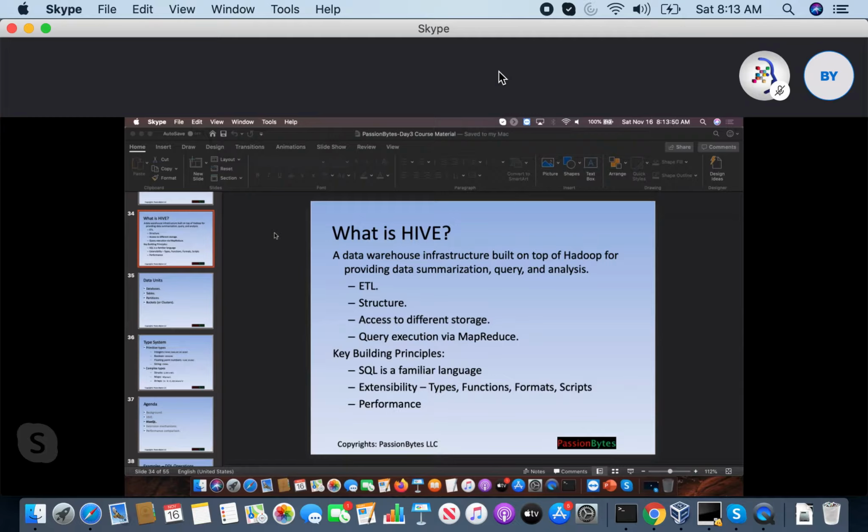Hive is a NoSQL database. What does that mean? Remember the CAP theorem. This is the fundamental theorem by which NoSQL databases are governed. Repeating: consistency, availability, and partition tolerance. Out of these three things, only two can be satisfied at a time.